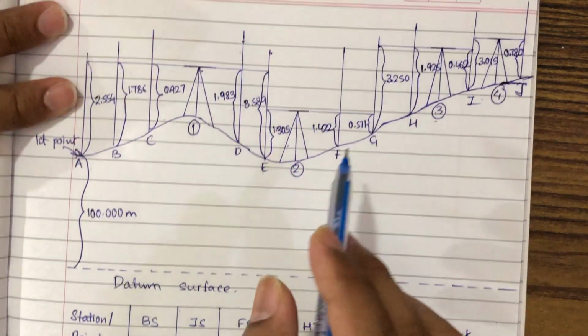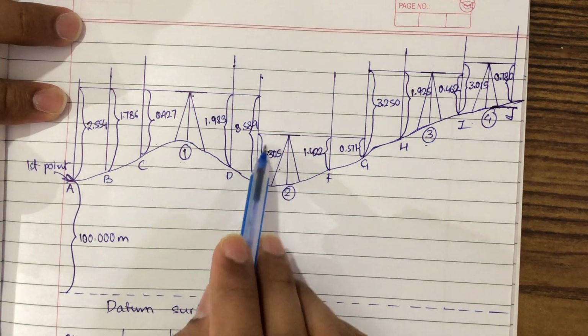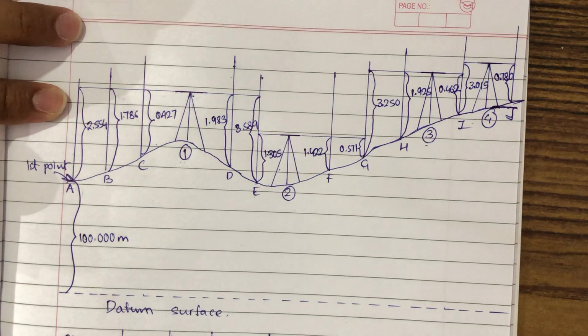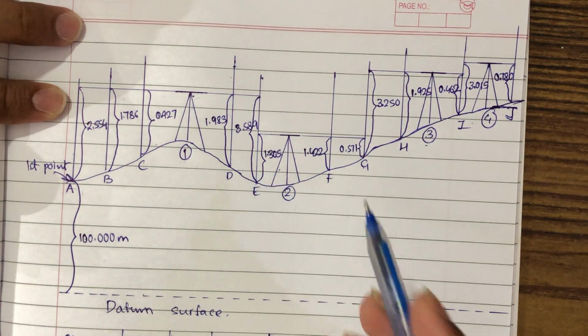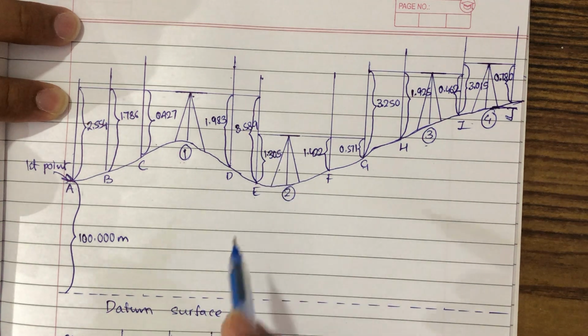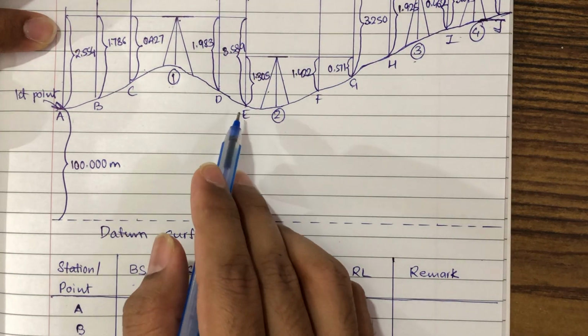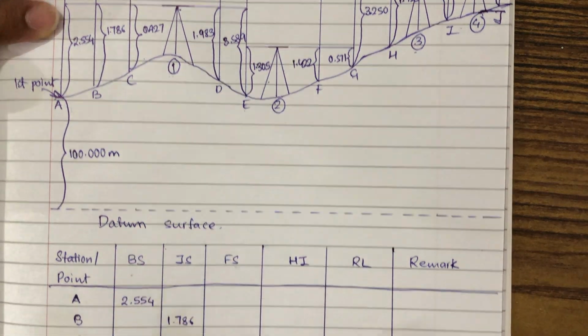Fine. Now in position 2, the first reading taken was 1.305, that too at the leveling staff at point E. So this reading 1.305, as it is the first reading, will be written under the backsight column. And it will coincide with this point E, with this reading 3.589.